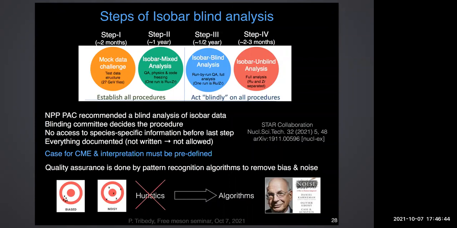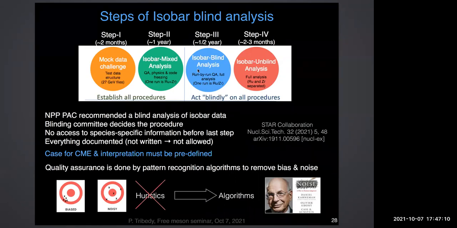The actual step 3, which took about half a year, is called blind analysis. In this step, you give more data. This time you separate ruthenium and zirconium, but you don't tell the analyzer which one is ruthenium and which one is zirconium. You also do not give enough data to get anything statistically significant.